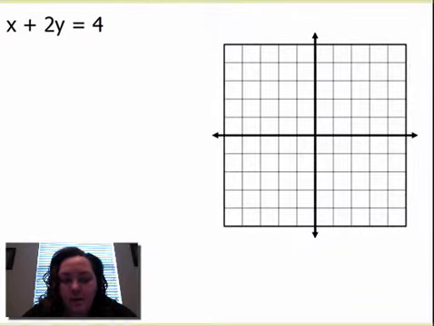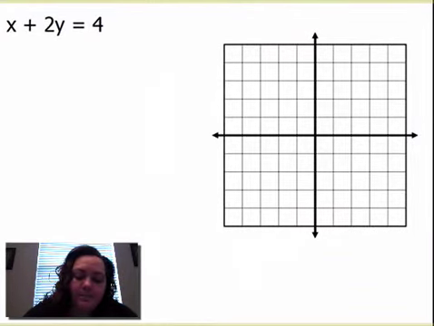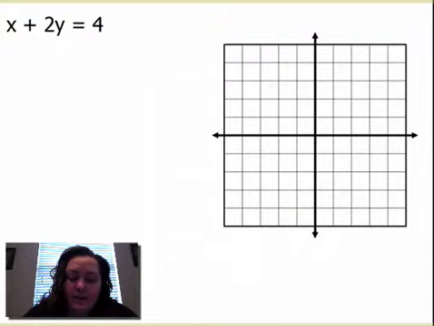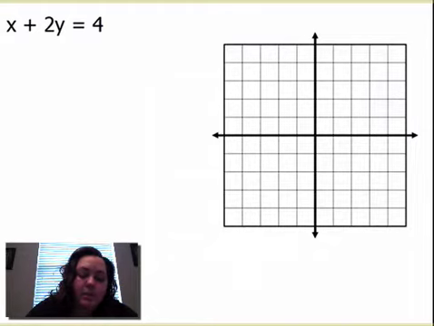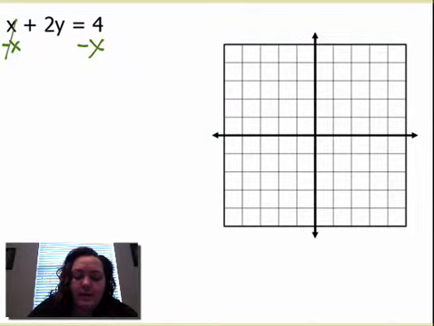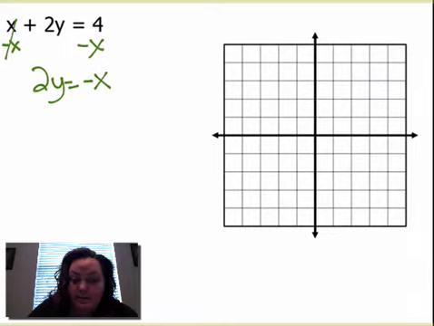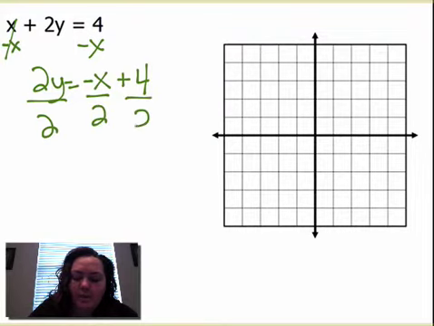All right, now this one is a little bit different. They gave me this in a different form. Hopefully you know that that's standard form. And if I have standard form, I'm going to rearrange it to get it in slope-intercept form. So I'm going to subtract the x on both sides. I get 2y equals negative x plus 4. Then I want to get y by itself, so I'm going to divide everything, all my pieces, by 2.